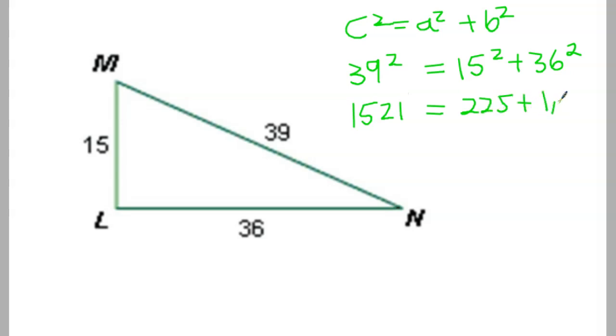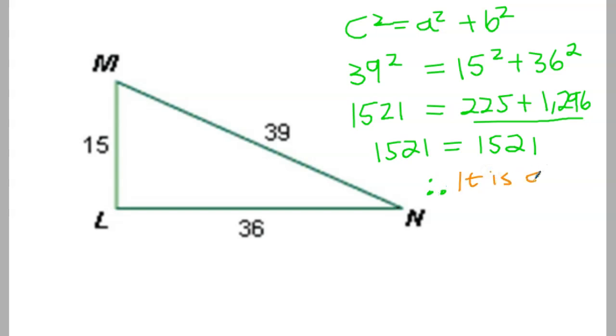This gives us 1,296, and we add it together and we get 1521. So therefore it is a right triangle.